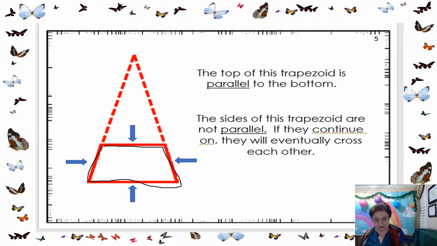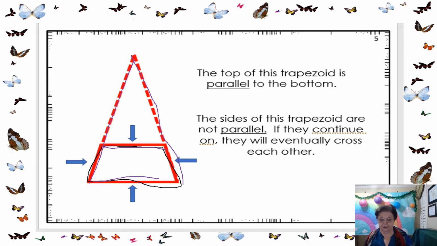It has this line on the top and this line on the bottom are parallel. The two lines on the side are not parallel because if this line kept going forever and ever, it would eventually intersect with this line that would keep going forever and ever.